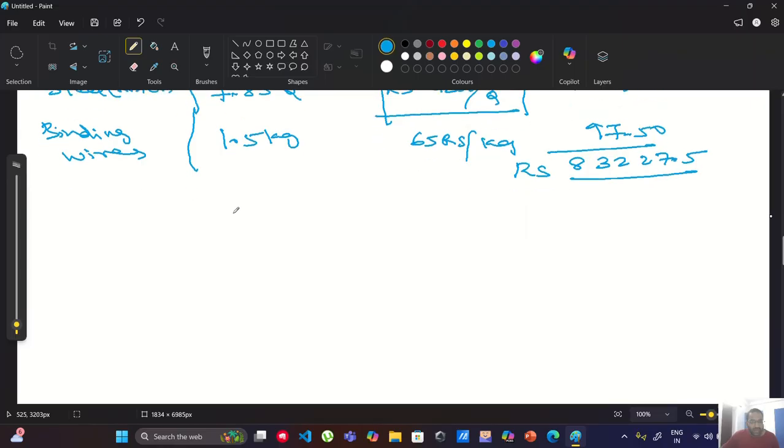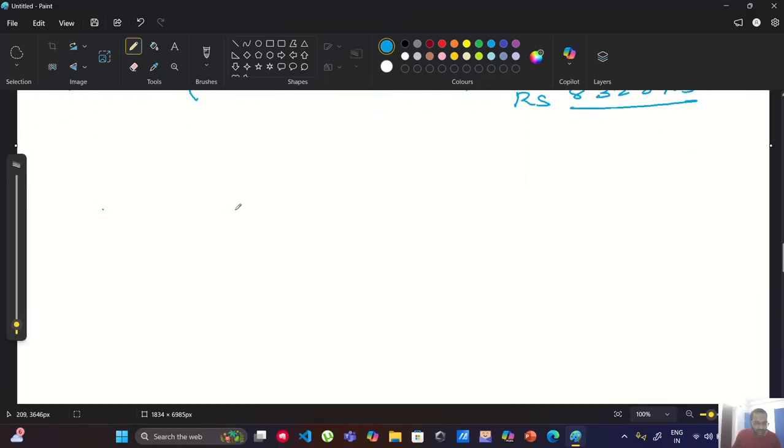Okay, now we'll calculate the labor cost. Now three different labors are there, normal for constructing. So first one, head machine, half number quantity, and the rate is 425 rupees per day.